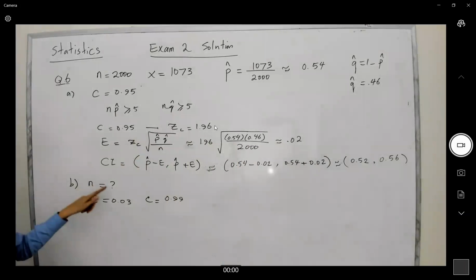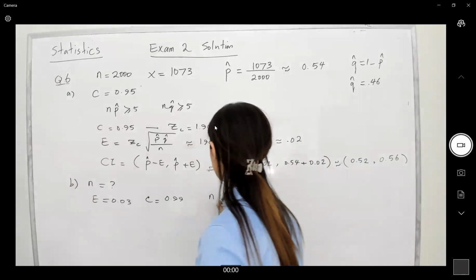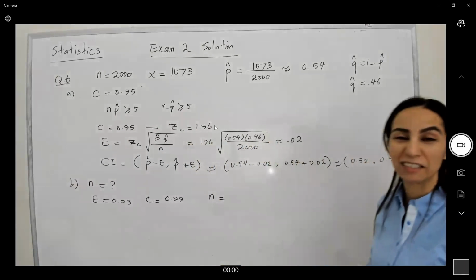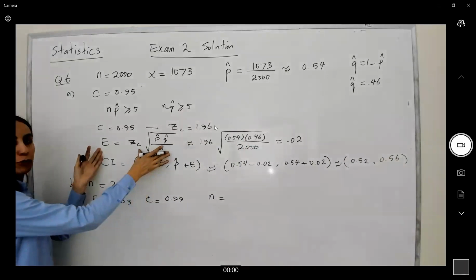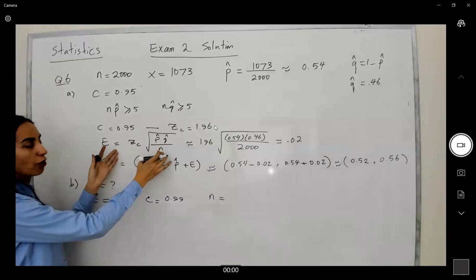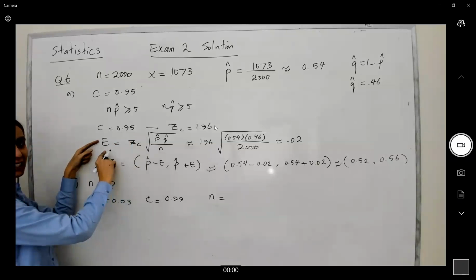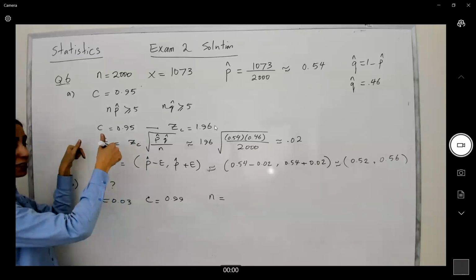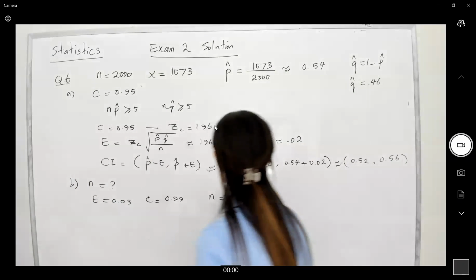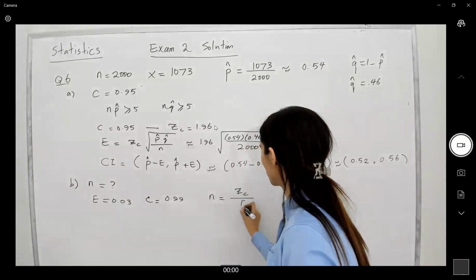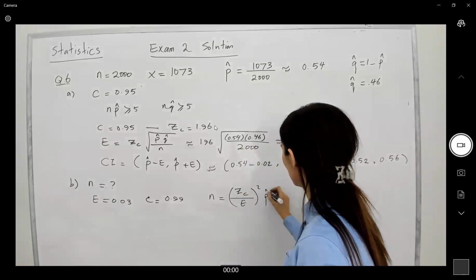So what is n? How do we calculate n? Remember that you can use the formula for your margin of error to find n. You can write E divided by ZC and then flip it and get ZC divided by E, squared, times P hat Q hat.